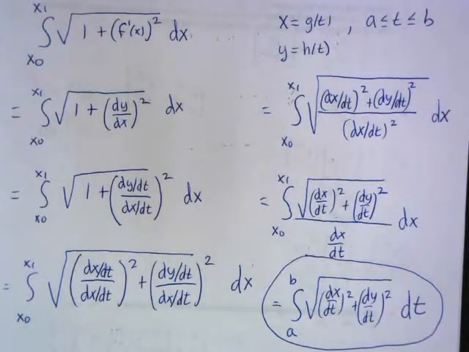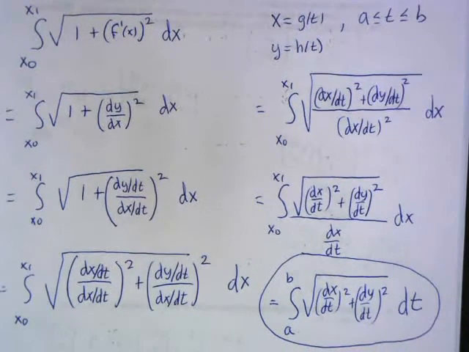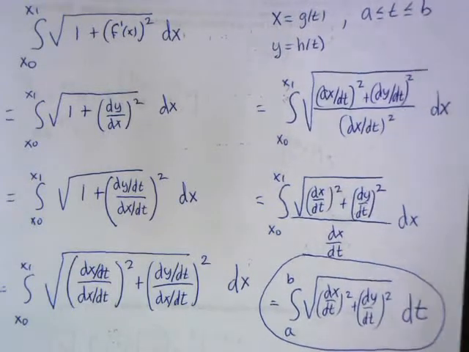All right, so let's pick a problem out of the book here. x equals 6t squared, y equals 2t cubed, that says.